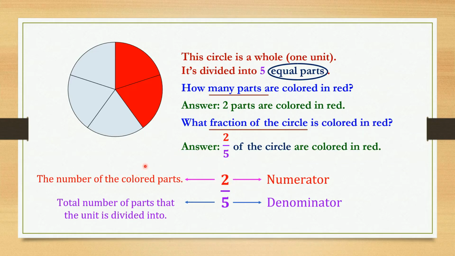So it's not always the number of the colored parts, it can be the parts that are eaten. So in conclusion, it's the parts of the unit that are used. Now 2 over 5, we call it a fraction, and it's a form of a number. It's in fact a number, but this number we call it a fraction.